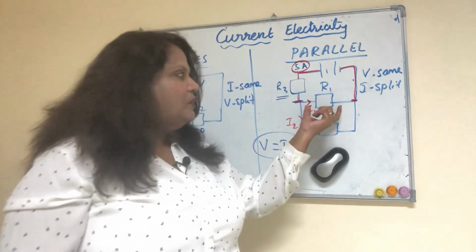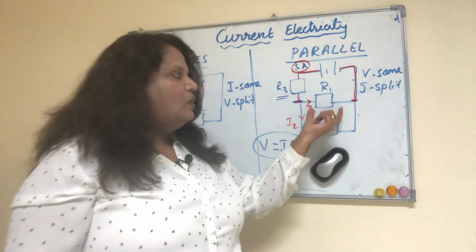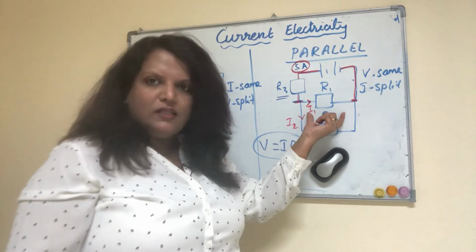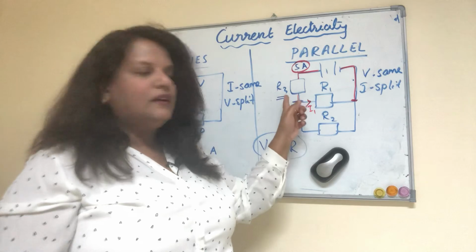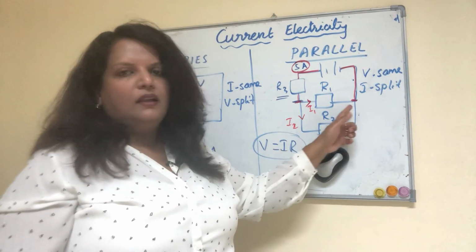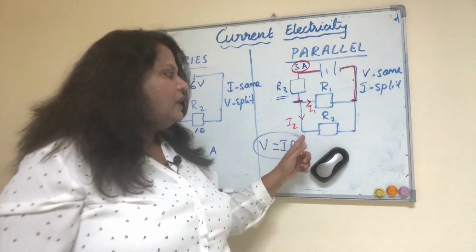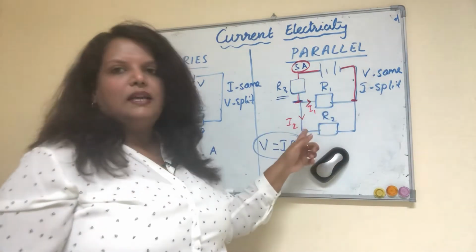You get it? So if I want to find out the current through R1, I should substitute the value of potential difference across this and the resistance of this particular component. I'll get the current through it, from this point to this point. Similarly for R2, I'll use the same, because V is same across these two resistors.